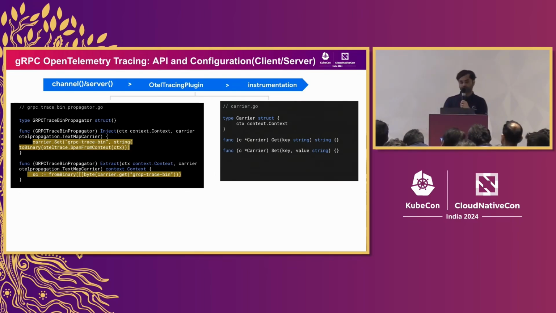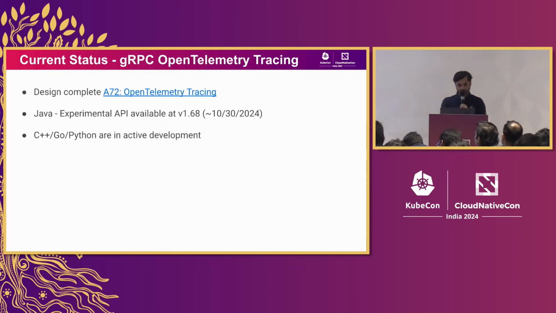If it is a string header, which is a W3C context header, then we'll just directly put it in as a string. But OpenTelemetry has enforced dealing only with text headers. As of now, there is no communication on whether there will be binary header support.